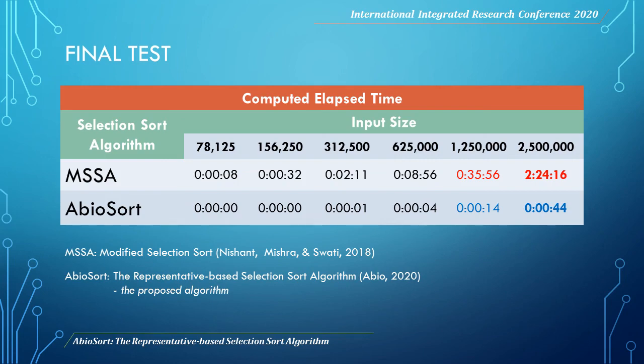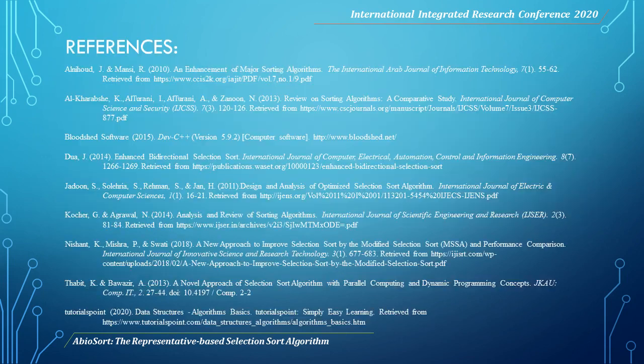This performance has been reached by the AbioSort algorithm while maintaining the non-recursive structure of the original design and the accuracy in sorting operation. Hence, this innovation will serve as a significant contribution to the field of computing when it comes to sorting algorithms. Thank you very much.